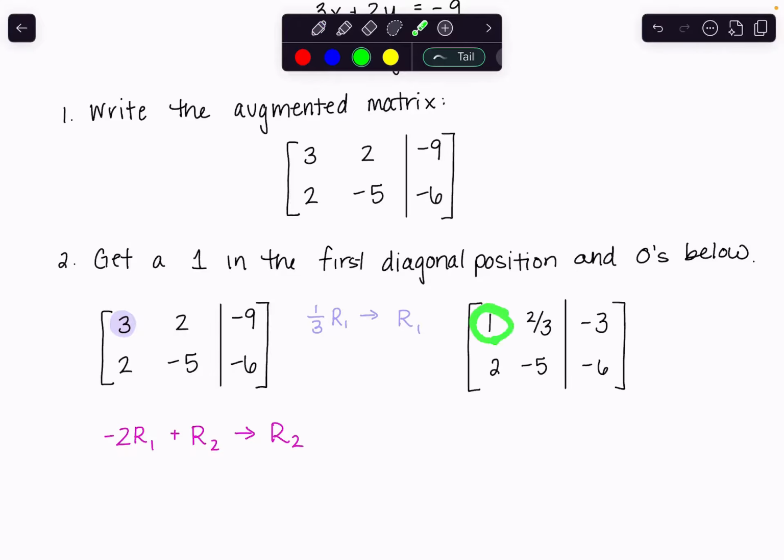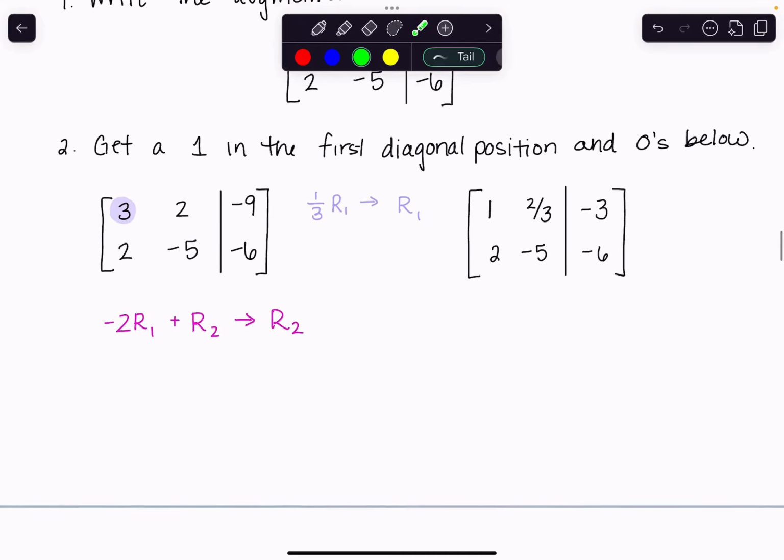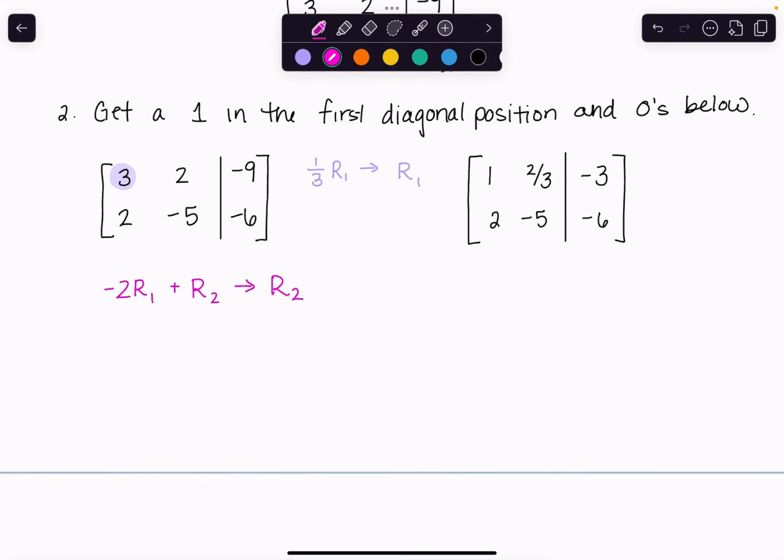So again, you always utilize that diagonal position to eliminate above and below it. So again, I like to put these off to the side. I'm going to do my operations over here. -2 row 1 plus row 2 becomes my new row 2.